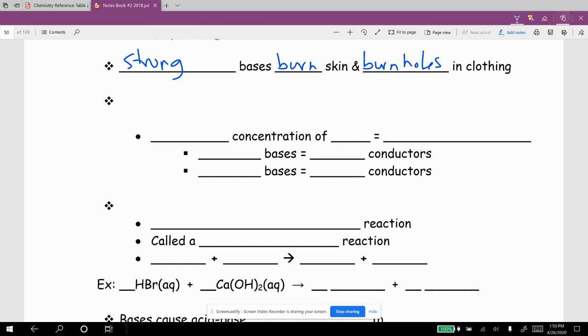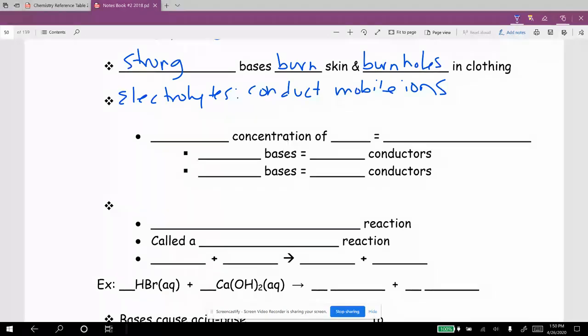All right, so acids and bases are both electrolytes. And again, electrolytes conduct electricity because they have mobile ions. And what does that mean? That means they ionize or dissociate in water.